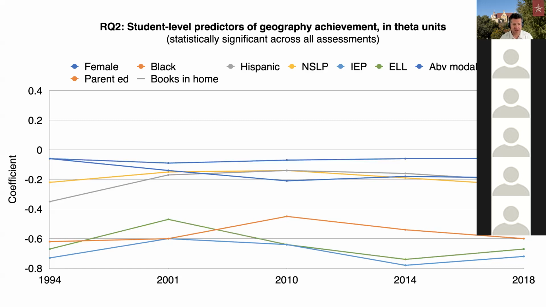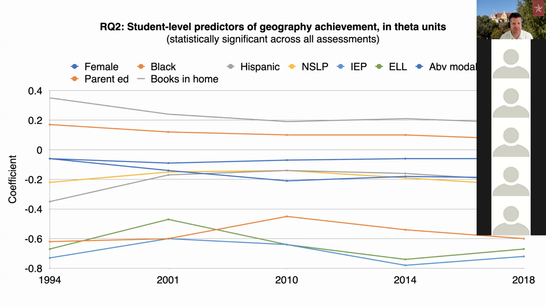On the basis of age, for students who are above modal age, there's a slight gap in achievement, about 0.05 standard deviations lower across the study period. And then with regard to our other indicators, highest level of educational attainment by a parent is associated with increasingly higher standard deviations in achievement on the geography assessment.